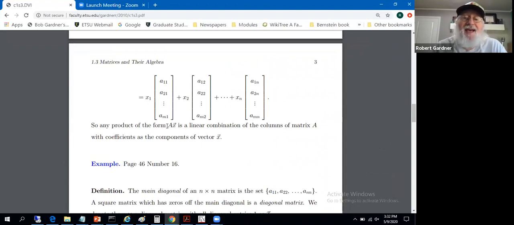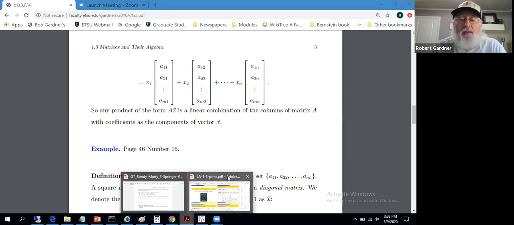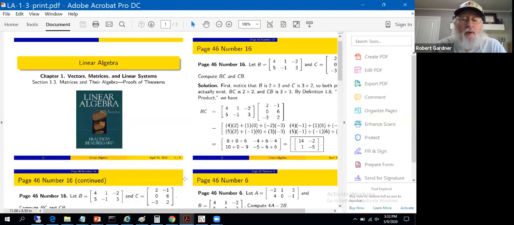So whenever you see an AX, where A is a matrix, X is a vector, what you're getting is a linear combination of the column vectors of that matrix with coefficients in that linear combination given by the components of vector X. All right, so it may be a while before we use that at length, but we're going to use that a bunch. Let's look at an example, a not very complicated example.